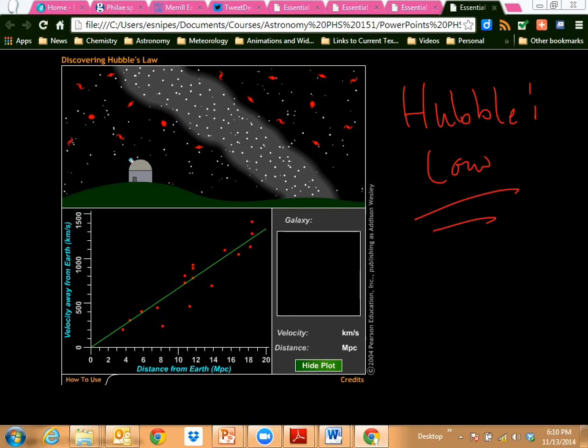And so you can see what you plotted: the distance of the galaxy from us and how fast away it's moving. Basically the farther it is from us, the faster it's moving, the greater the redshift.